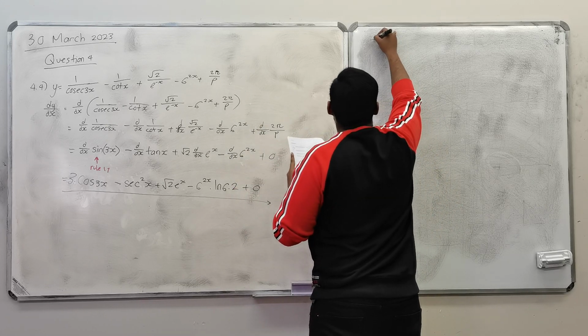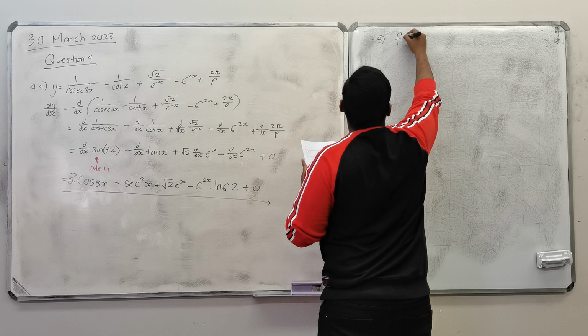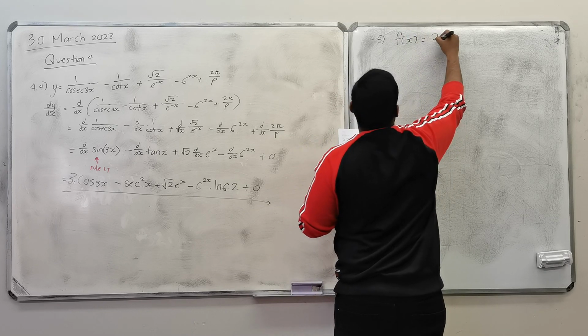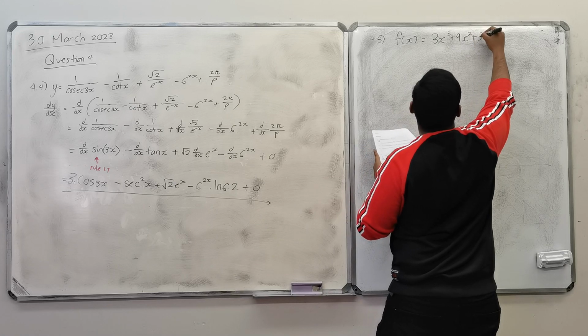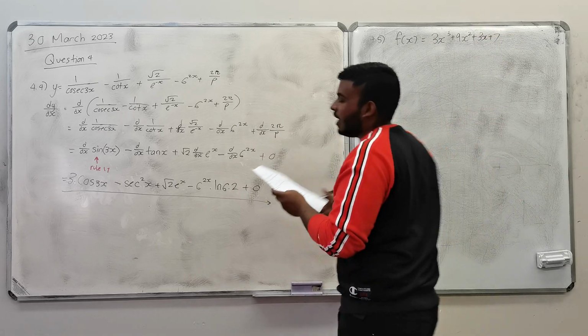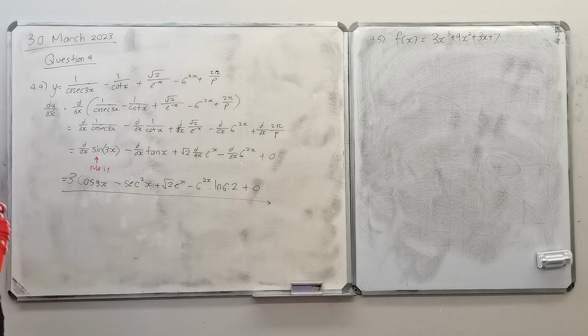So 4.5, you are given f of x is equal to 3x cubed plus 9x squared plus 3x plus 7. They want the x coordinate of your point of inflection. Point of inflection, second derivative equal to 0.